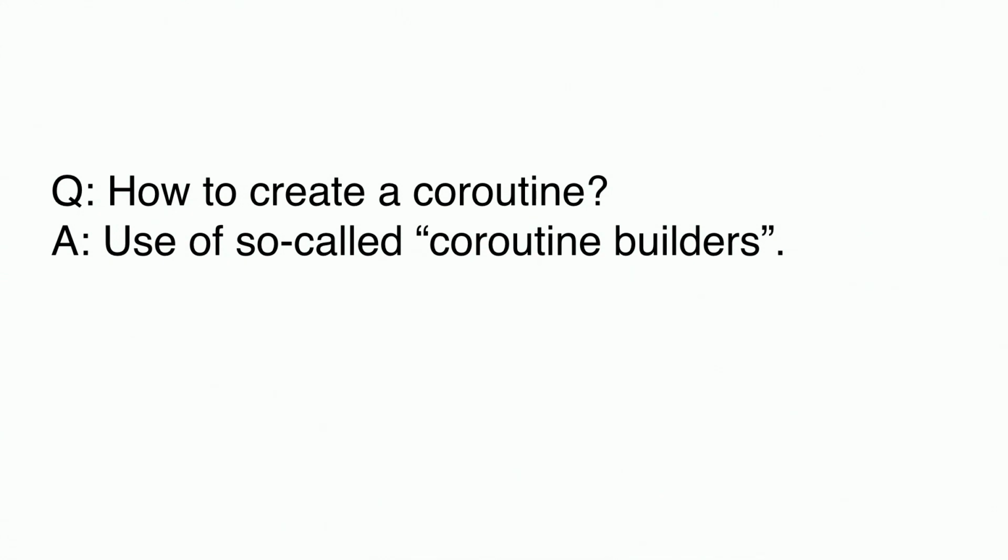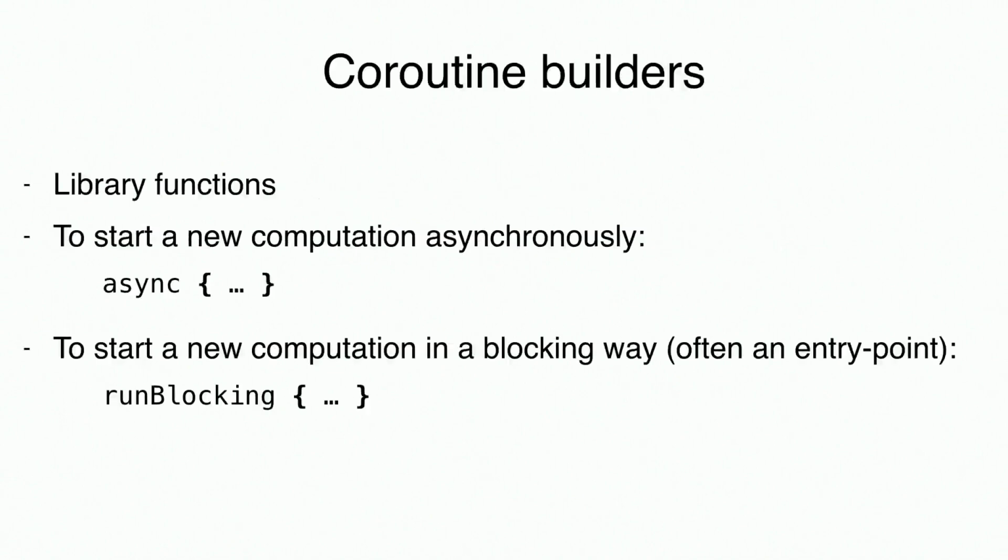You just use one of the so-called coroutine builders. It's a library function that starts a new computation. For instance, you can use the async function that starts a new computation asynchronously. This async does the same as the async keyword in C#, but there it was a special keyword that started a new computation asynchronously.